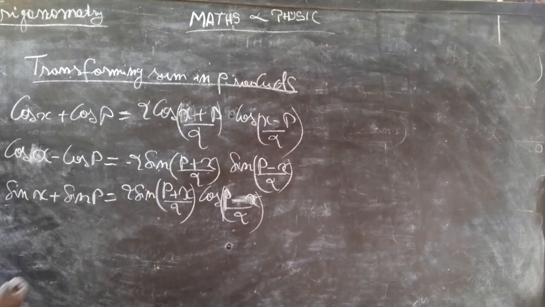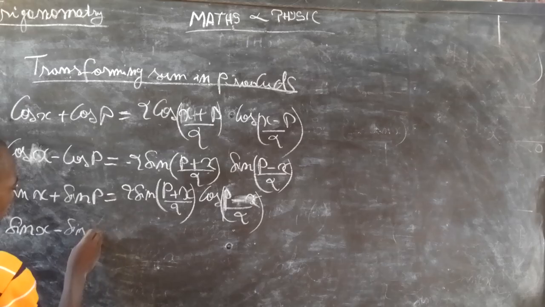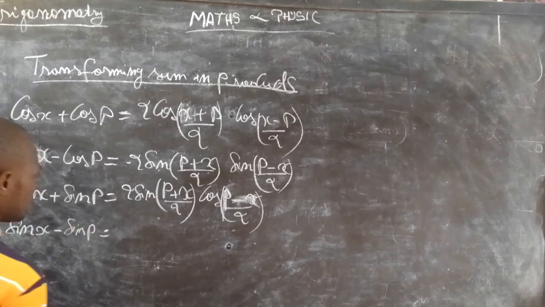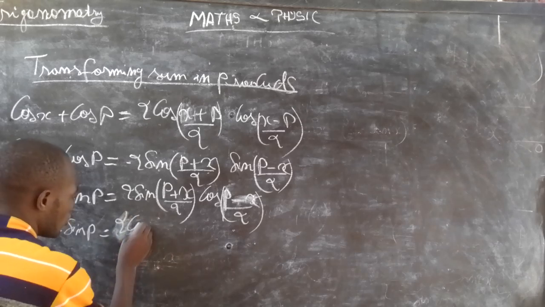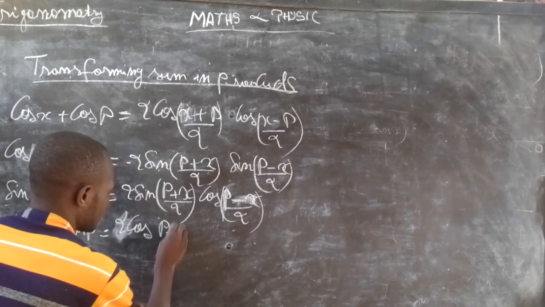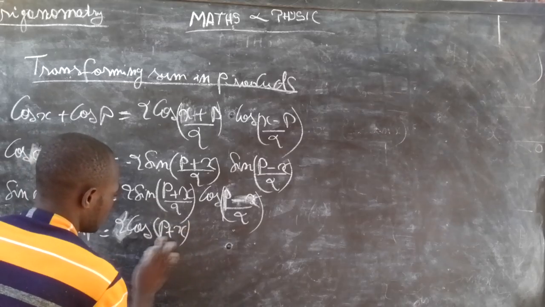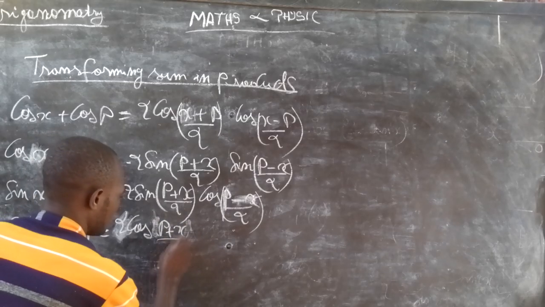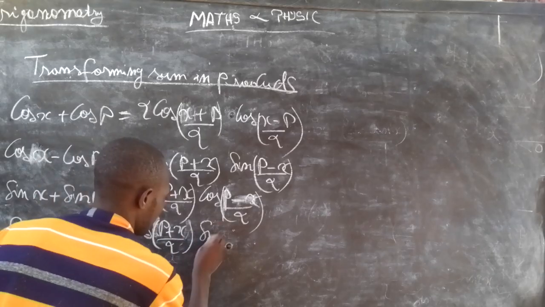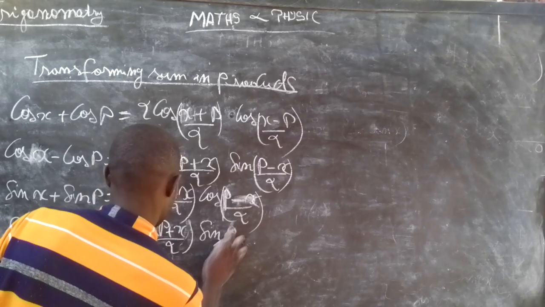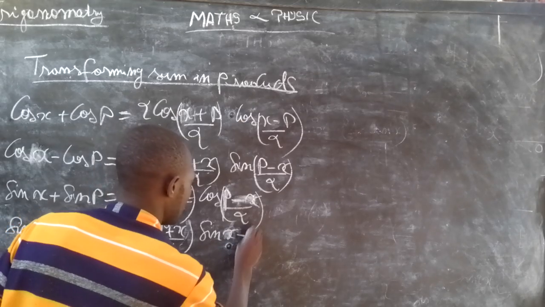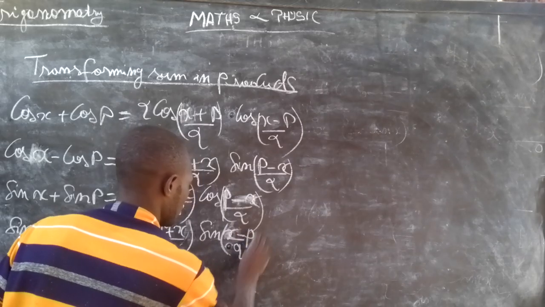Here we have sine x minus sine p, which will be equal to 2 cosine (p plus x) over 2 times sine (x minus p) over 2 also.